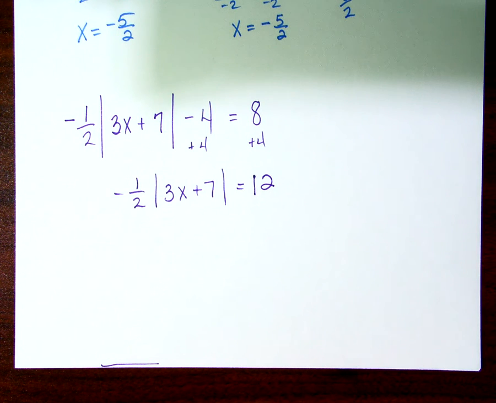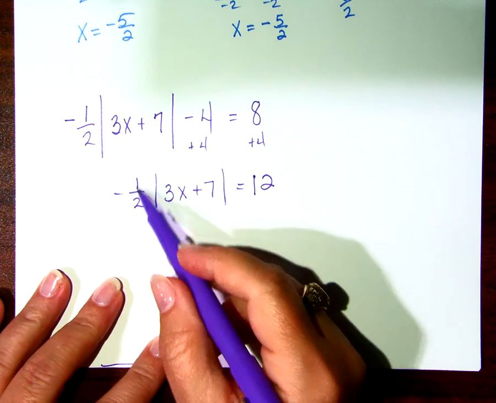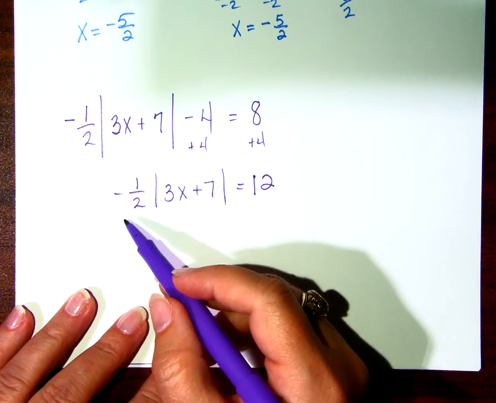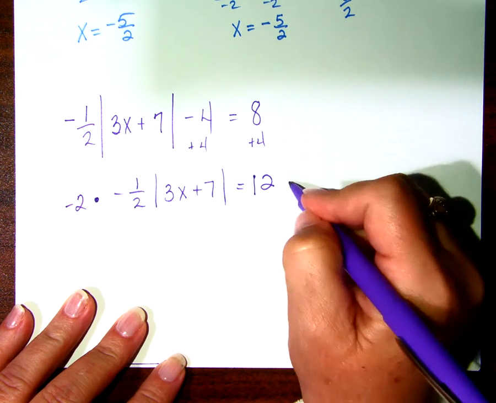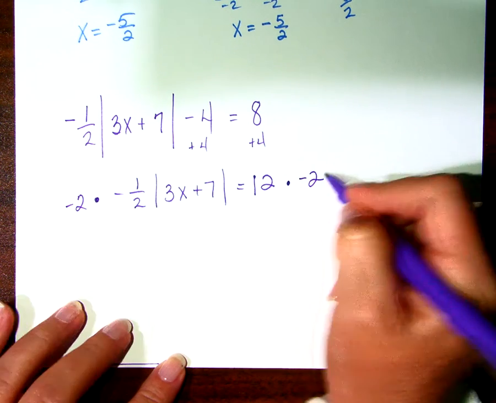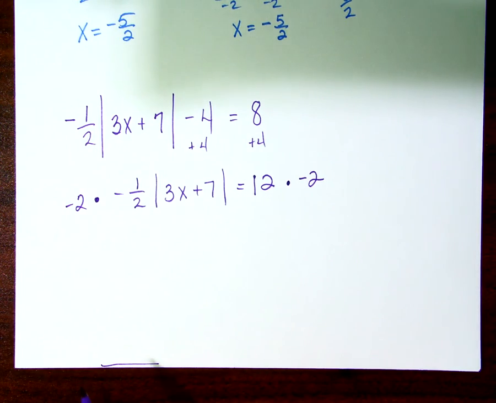Do I ever divide by fractions? No. What do I do instead? Multiply by the reciprocal. So I'm not going to divide by negative 1/2. I'm going to multiply by negative 2. We don't like to divide by fractions, okay?